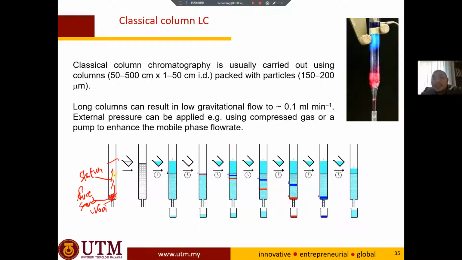The stationary phase is silica or alumina. Usually we mix it with water to make a slurry so it can pack better.